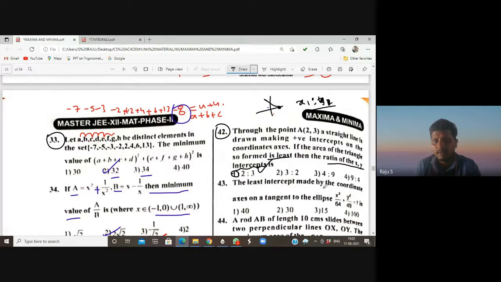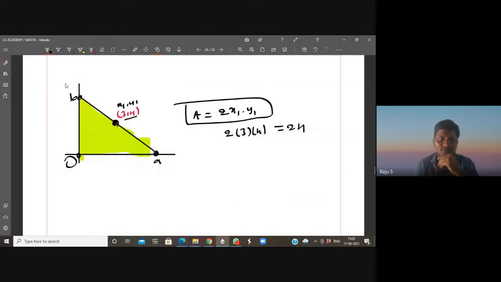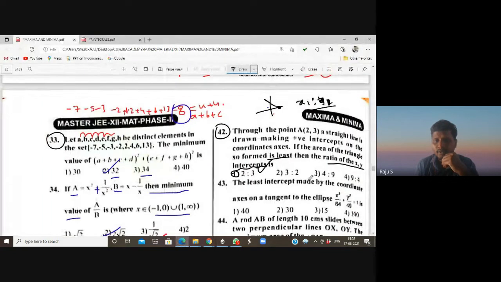The least intercept made by the coordinate axis on a tangent to the ellipse, again the same question. There is a curve something like this. I draw the tangent. We get a triangle. See here, the least intercept made by the coordinate axis on a tangent to the ellipse. Okay, we have to take the ellipse.